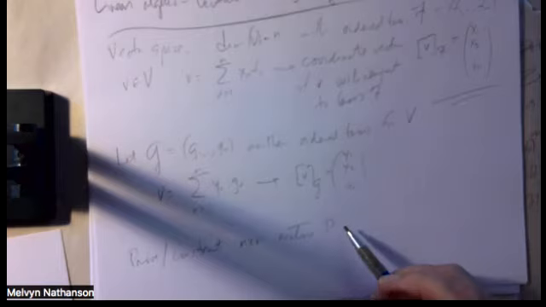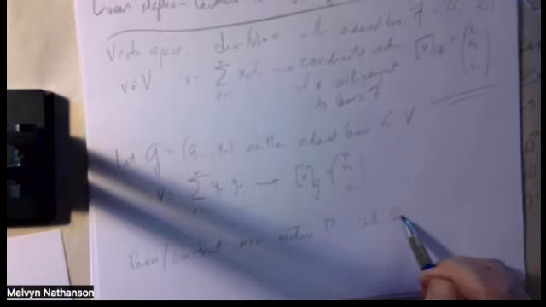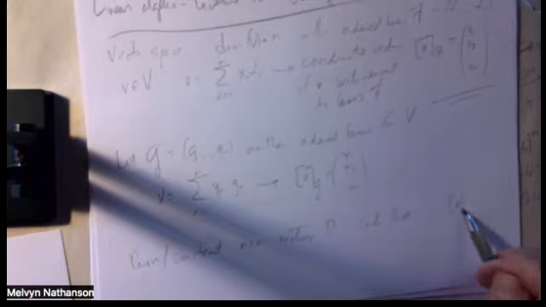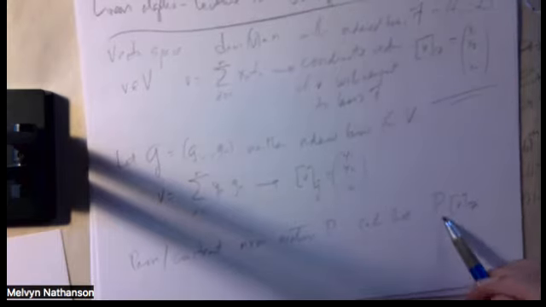And we're going to prove, and in fact construct, an n by n matrix P such that if I take the coordinates of v with respect to F and I multiply it by the matrix P, I get the coordinates for the vector v with respect to G. And this is called the change of basis matrix.